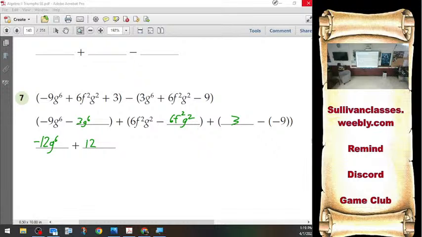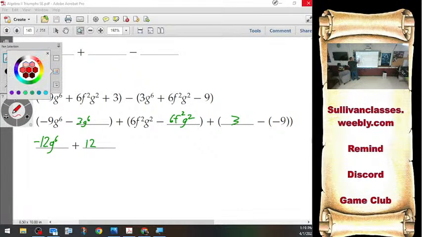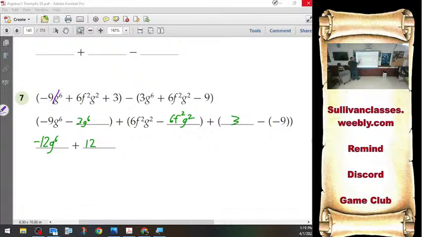See how g to the 6 is with g to the 6th, and f squared g squared with f squared g squared. A long time ago, the way that I would do this with kids, I did it PlayStation symbol style. Micah called them the sacred symbols, and he ain't wrong. All of my g to the 6th became this.